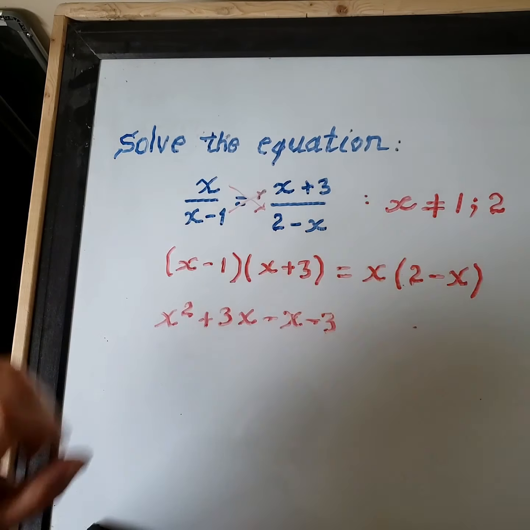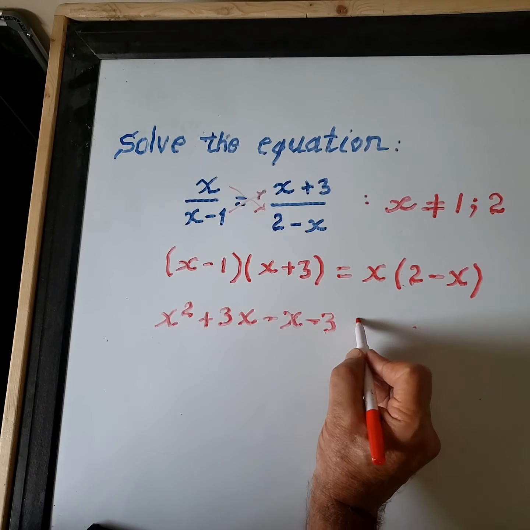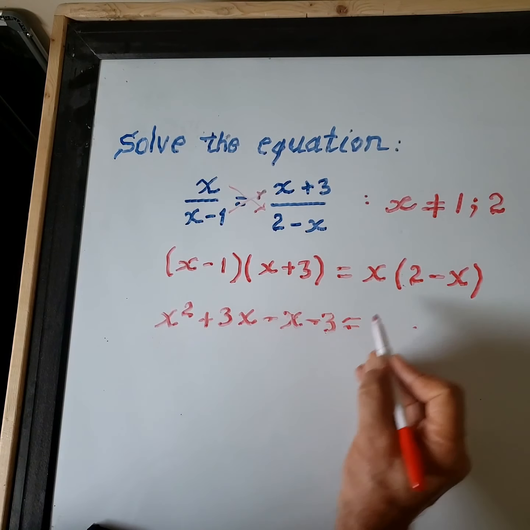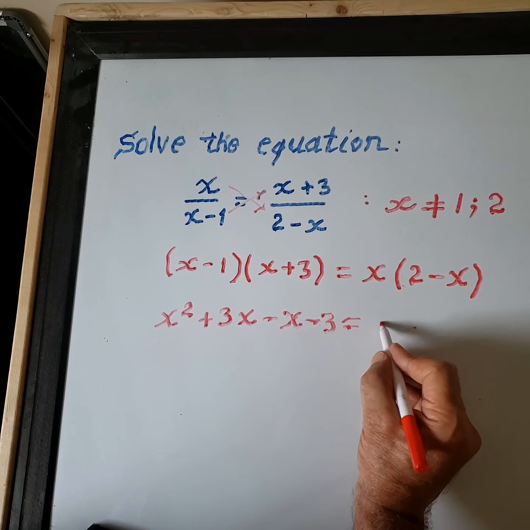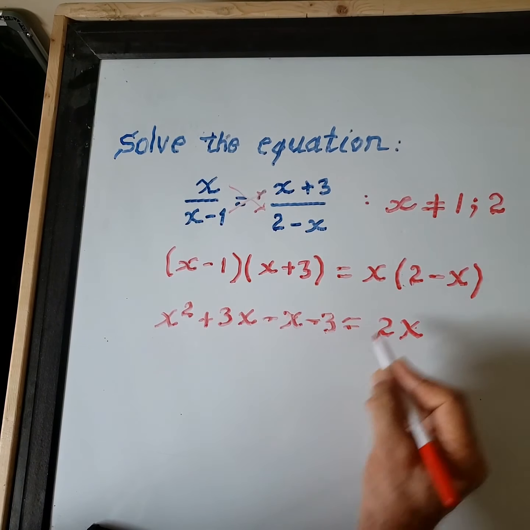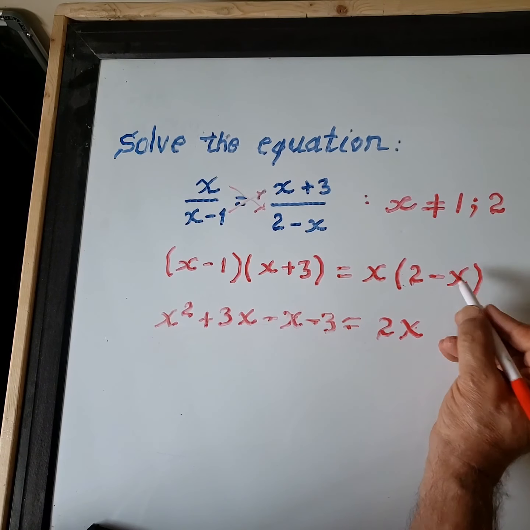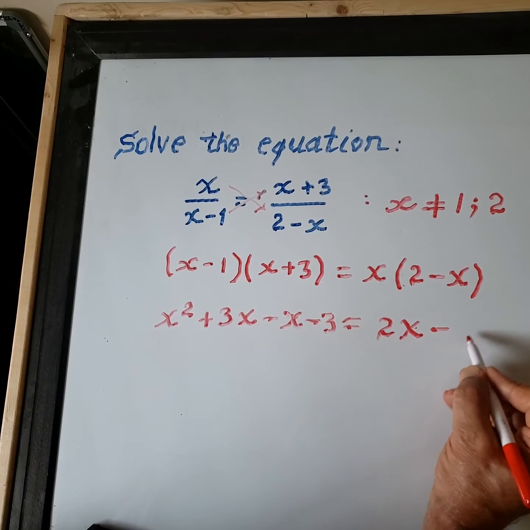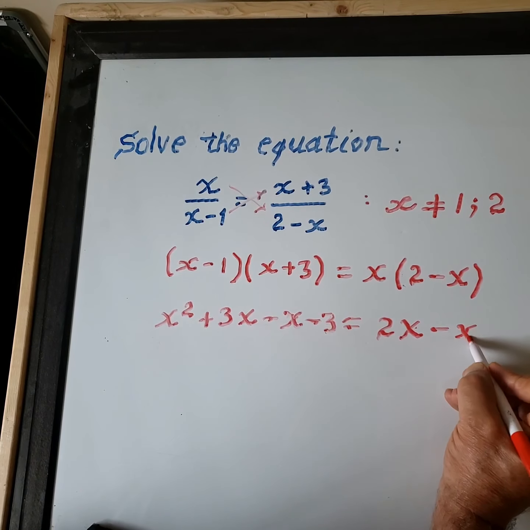This is the left hand side, and the right hand side will be x times 2, that means 2x, and x times minus x, that means minus x squared. After that we put all the terms on one side and the other side will be 0.